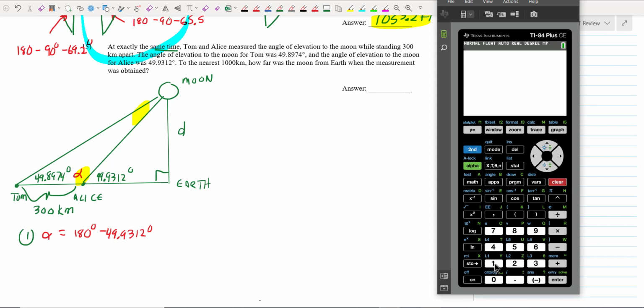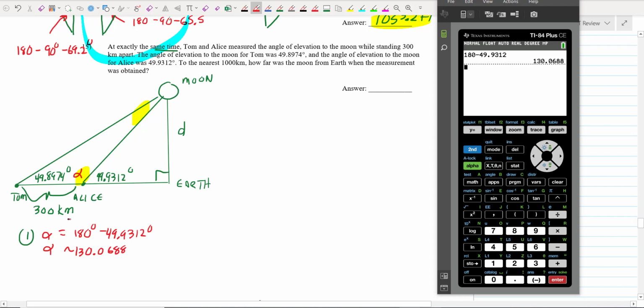So I'm going to go 180 minus 49.9312, and record that. So that angle alpha is about 130.0688.